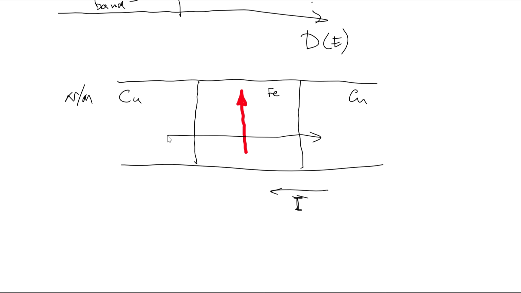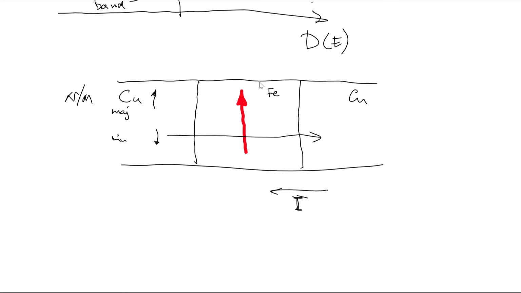So what happens is that spin down states are minority, and let's say majority is spin up. So this is minority and this is majority. There are more electrons corresponding to spin up states in iron magnetized that way. So this arrow is our magnetization.